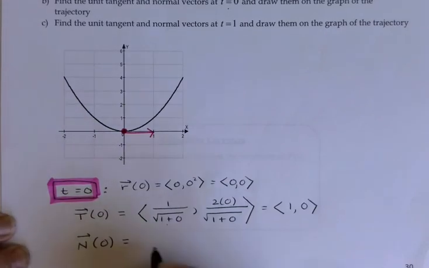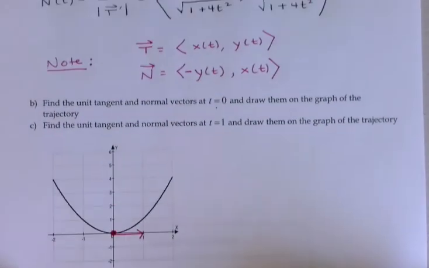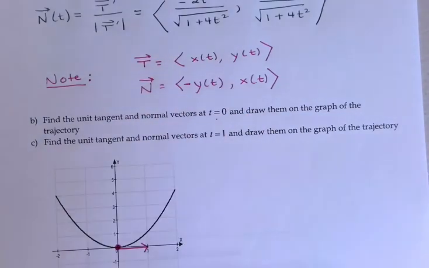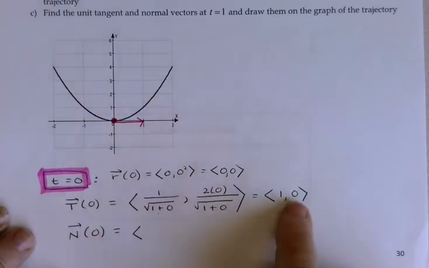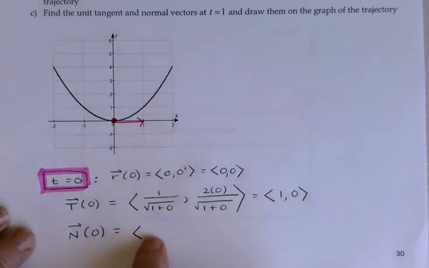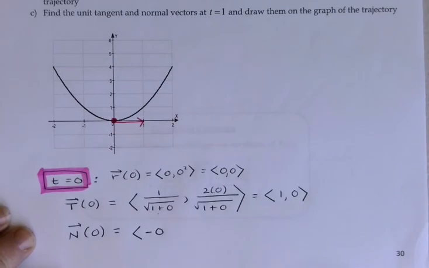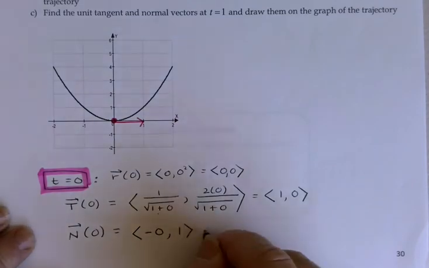How about n of 0? Now I can formally plug in to the n that I got here, or I can just use this little relationship, which is faster, right? It says take this y value, make it the new x value, but opposite sign. Just for thoroughness, I'll put the negative there even though it's a 0. And then take the x value, make it the new y value.